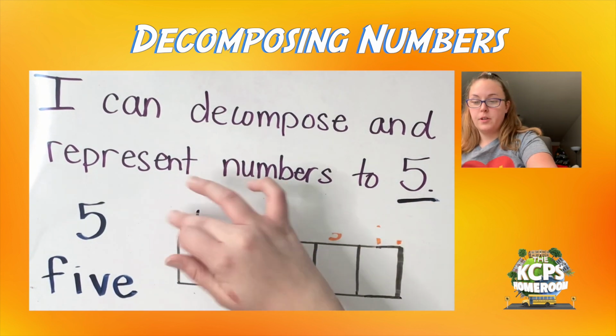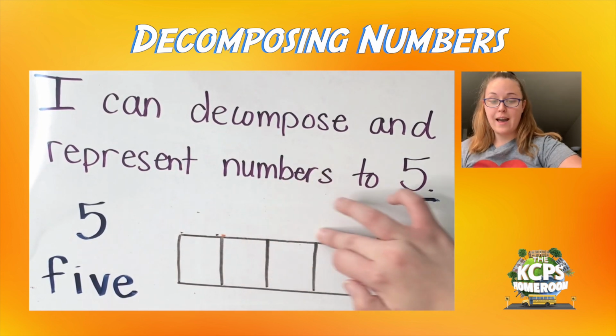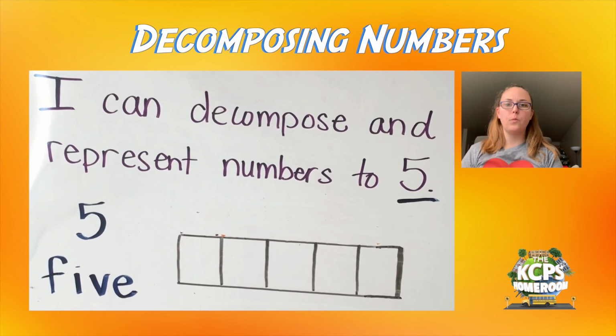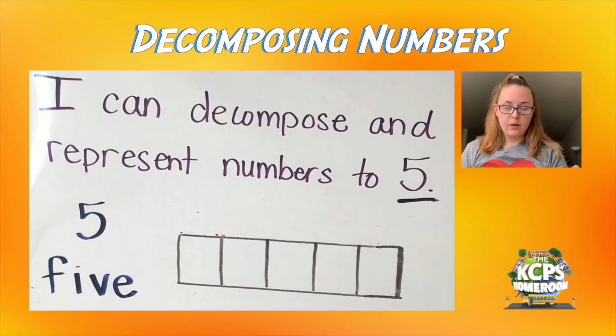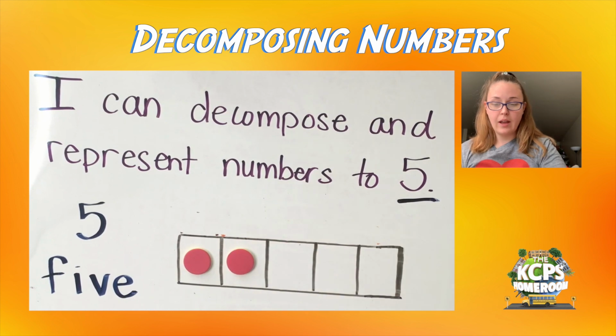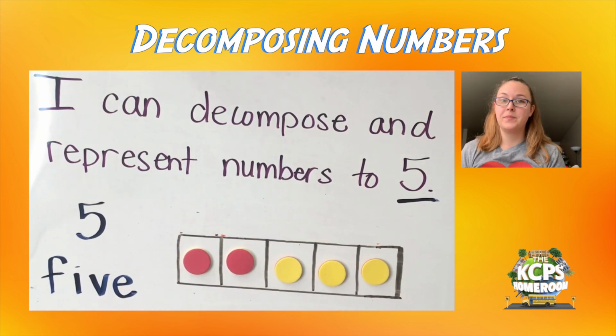So in front of you, while I erase all of my marker, I'd like for you to show me how to make 5 in a different way. Can you find a different way to show me the number 5? So lay out your materials in front of you. I'm going to fill my 5 frame, and this time I'll fill my 5 frame just like this. Okay? So now we're working with a different set of numbers that also equals 5.